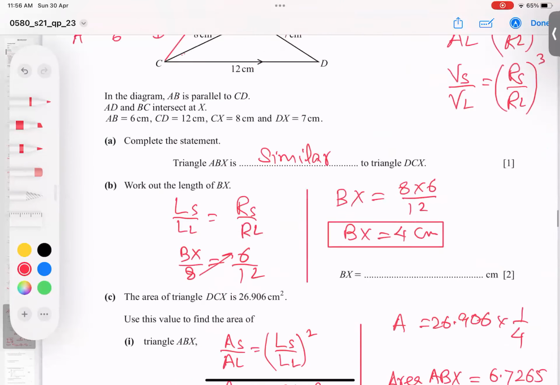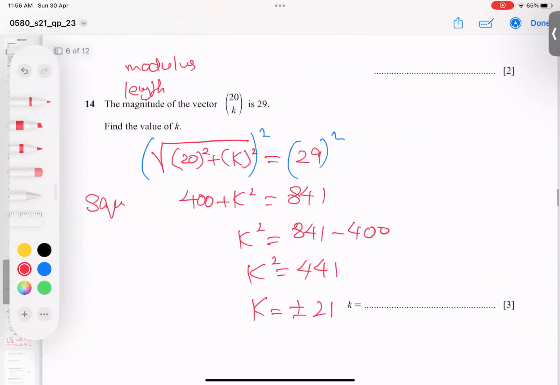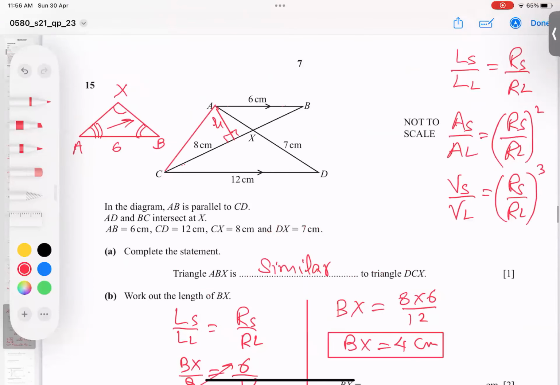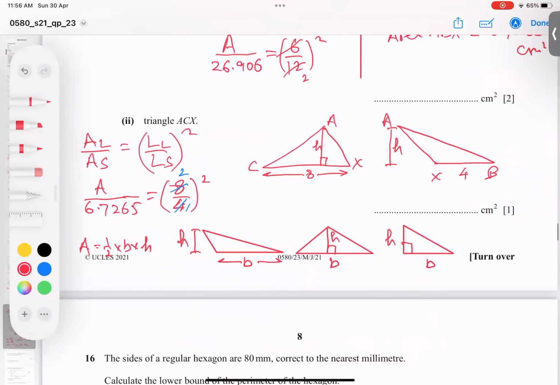Wait a minute. This is a 4 and this is 8. Okay, 4 and 8.